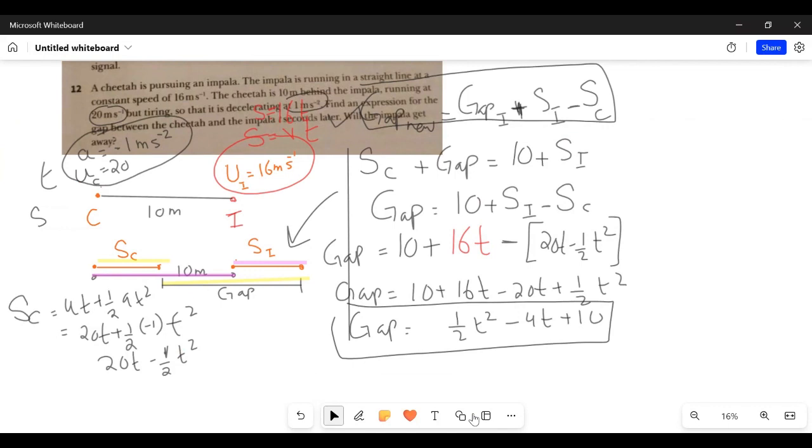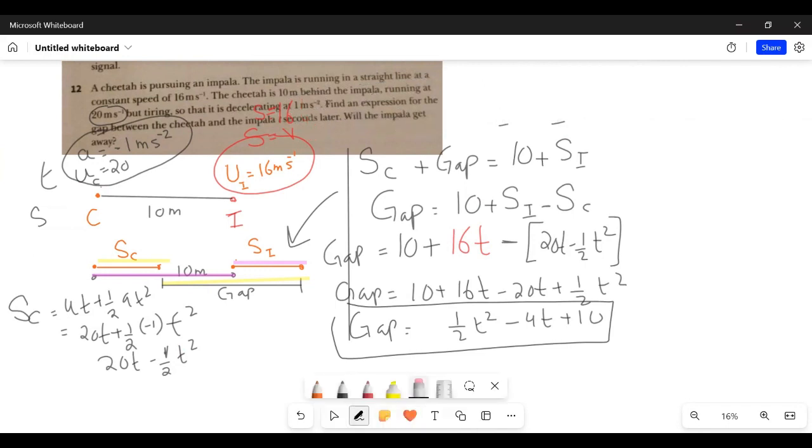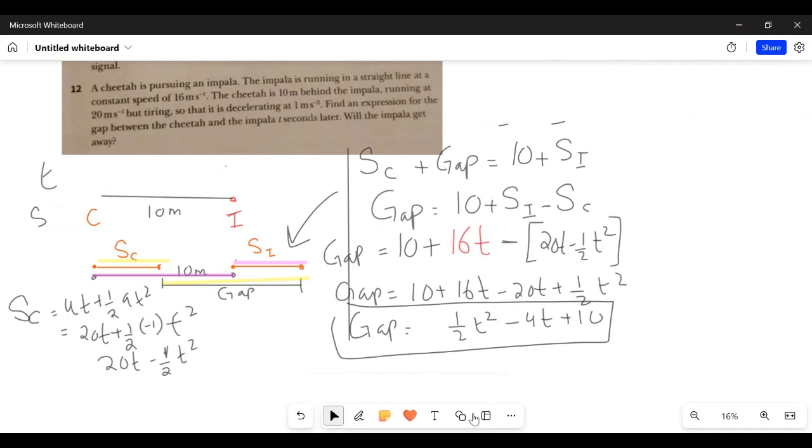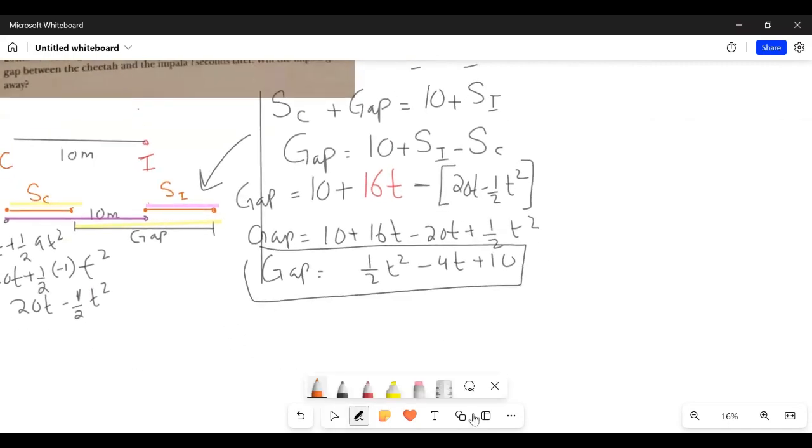That's done. The last part of the question says, will the impala get away? So will the impala get away or will it be caught by the cheetah? How would you establish that? If you can find a time at which this gap becomes 0, that means that the cheetah catches the impala, because there is some time, like 20 seconds, 30 seconds later, when the gap becomes 0.